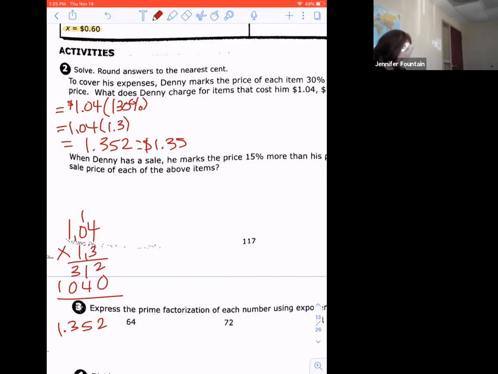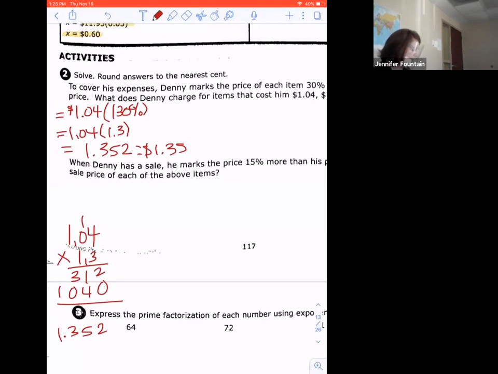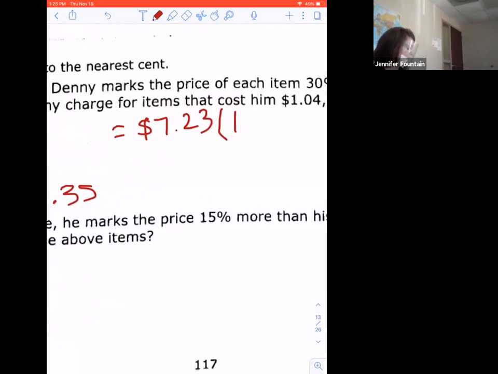All right, let's look at our next one. $7.23. Again, we're paying 130% of the price that he paid. So we're going to be multiplying that by 1.3.